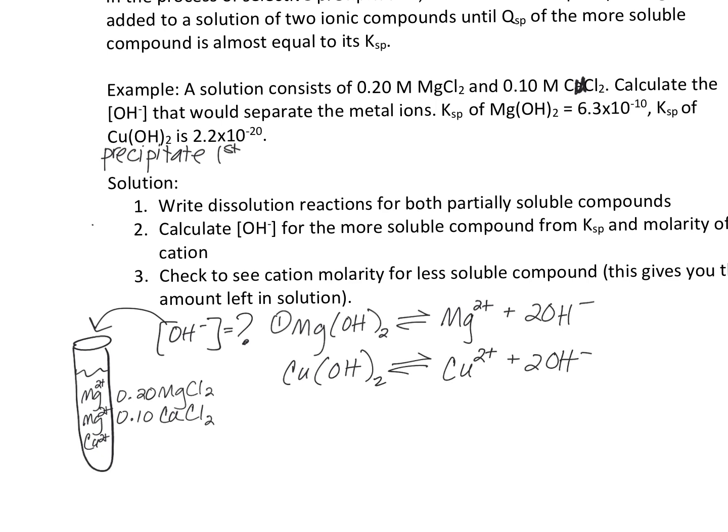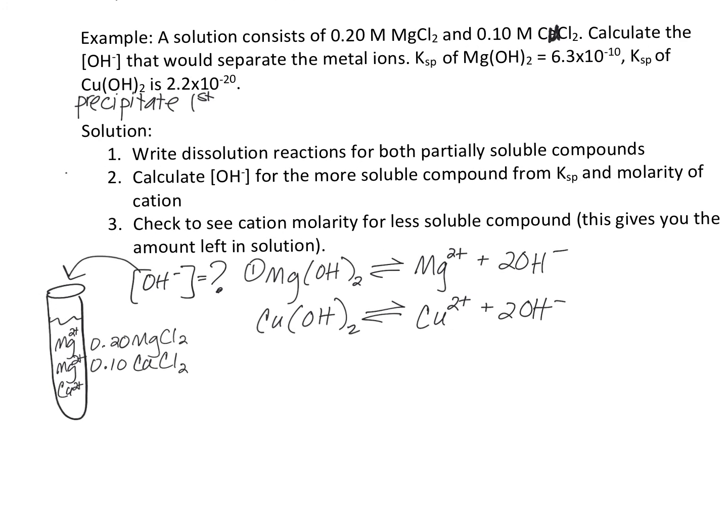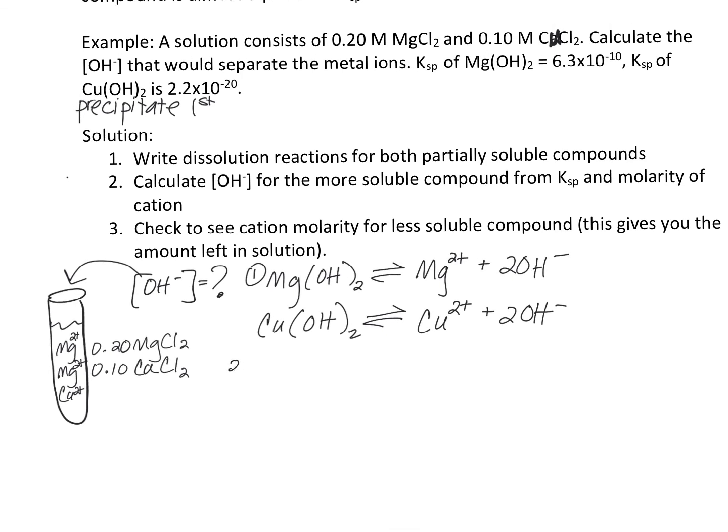All right, then it says, we're actually in a calculation, calculate hydroxide for the more soluble compound, using the Ksp and molarity of the cation. So which one's more soluble? We said that copper hydroxide is going to precipitate first, which means that magnesium hydroxide is more soluble. So let's write the Ksp for magnesium hydroxide. That's just going to be magnesium concentration times hydroxide concentration.